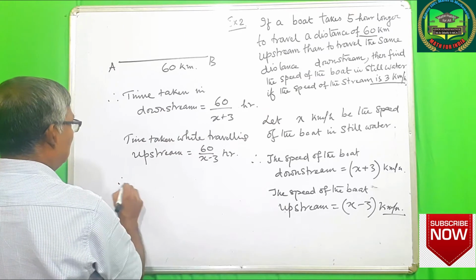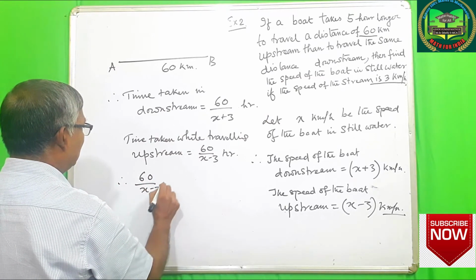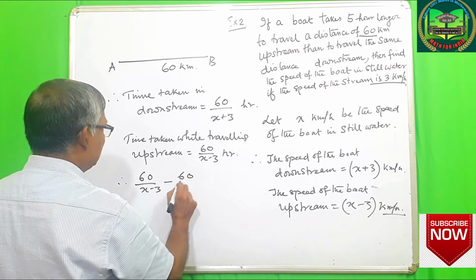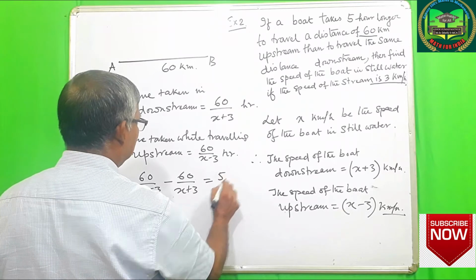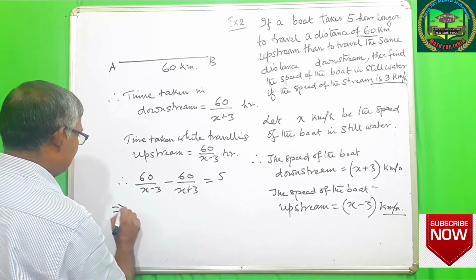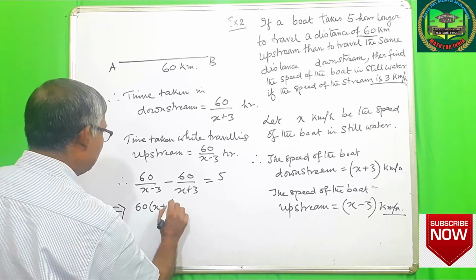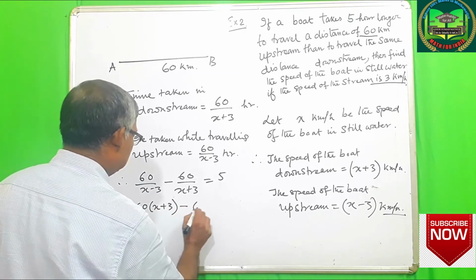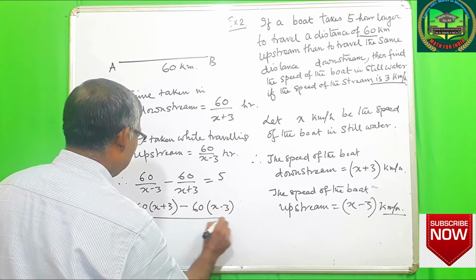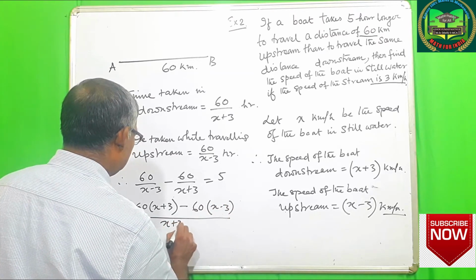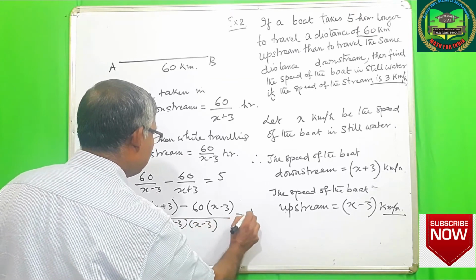Therefore, we can write 60 by x minus 3 minus 60 by x plus 3 equals 5. This implies that 60 into x plus 3 minus 60 into x minus 3 by x plus 3 into x minus 3 equals 5.